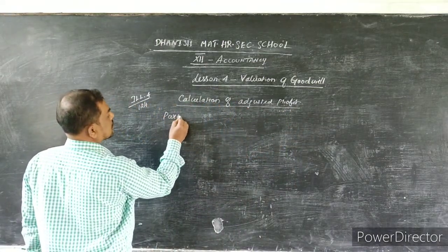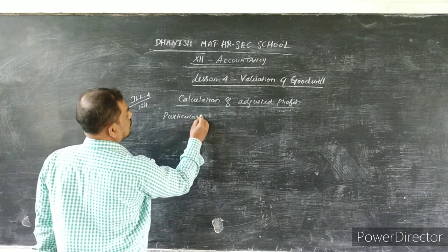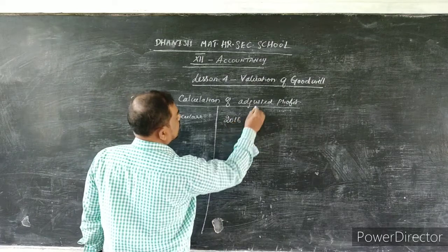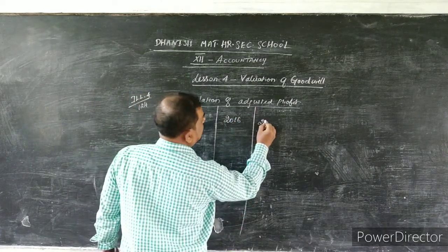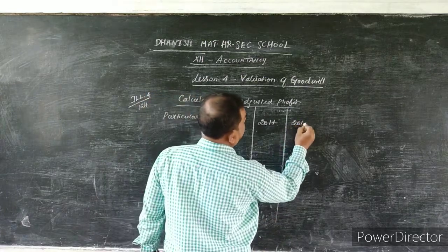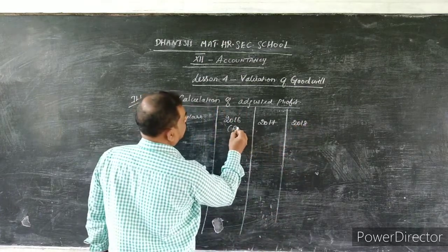Particulars. 3 years they have given: 2016, 2017 and 2018. Rupees.